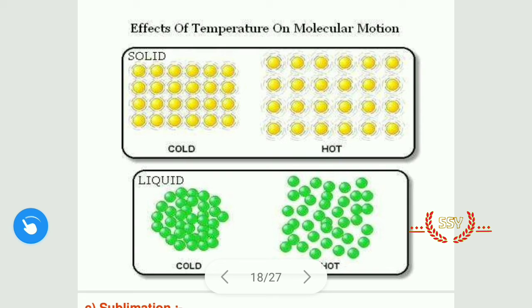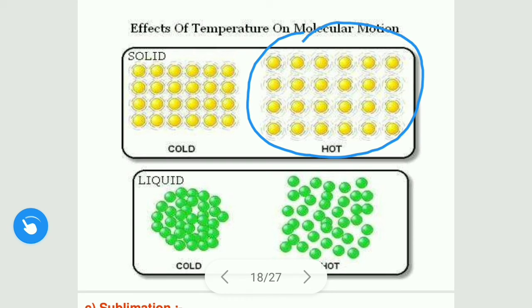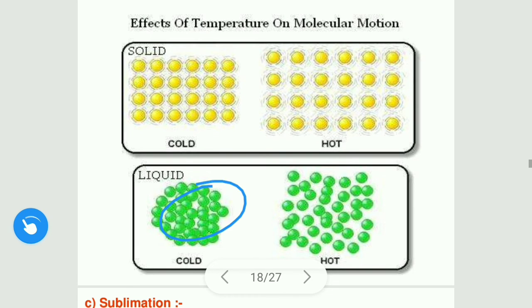This shows that when there is cold temperature, particles tend to move less and bind together strongly. But on heating, they get more vibration and space is formed between them. Similar is the case with liquids.